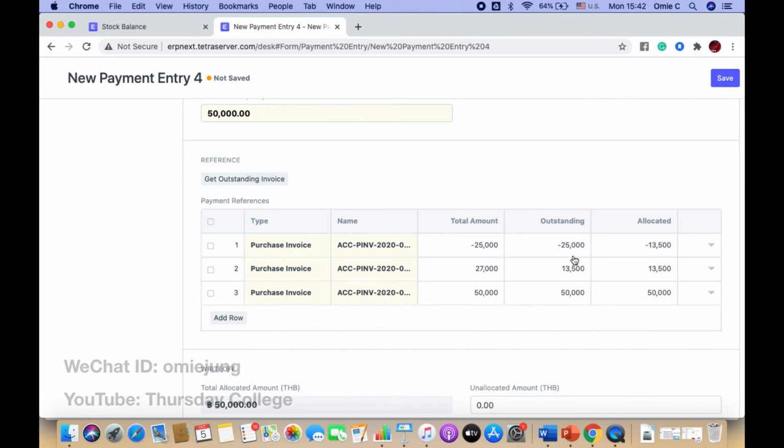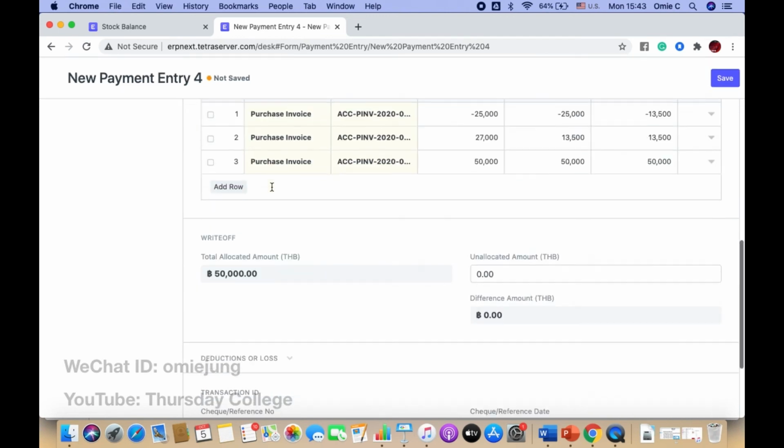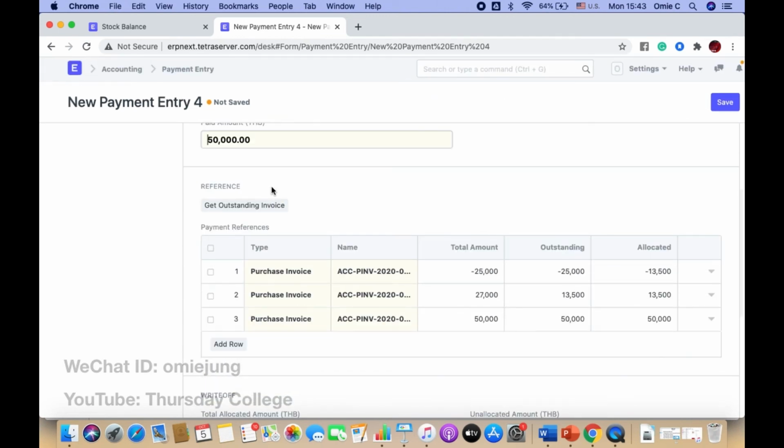So the 50,000 baht is gonna be something like the amount deduction. I think maybe I need to pay a little bit more to find this one. Deduct this one, I didn't need to pay that big one. So what I should do is reduce a little bit.